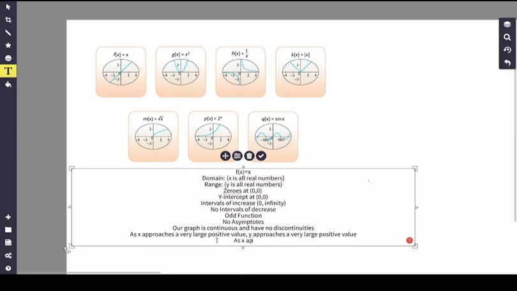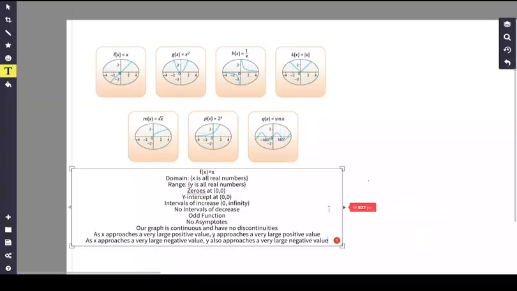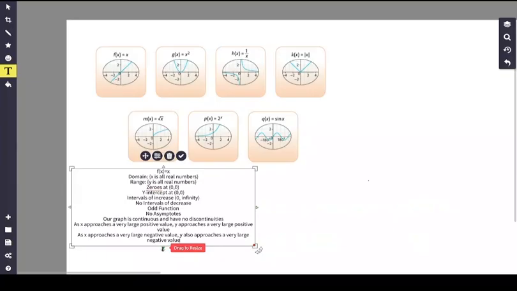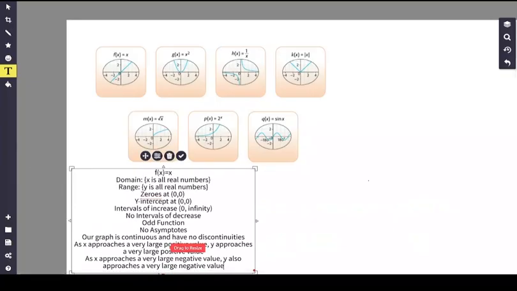And as x approaches a very large negative value, y also approaches a very large negative value. Alright, so that's really fast.